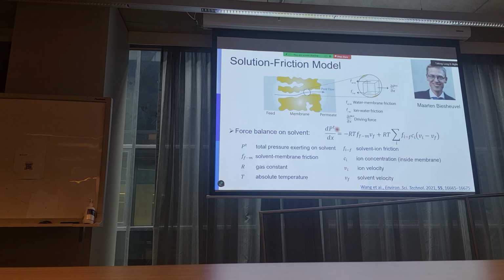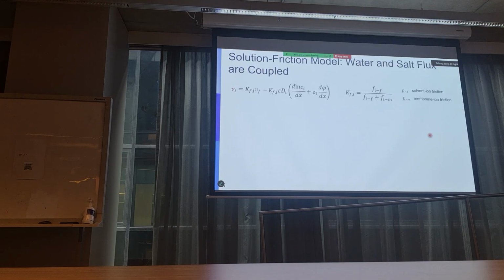So now we have delta P over delta X, the pressure drop across the membrane, and some pressure drop or friction related to the relative velocity between the ions and the water, because you have desalination here, with salt moving with the water.